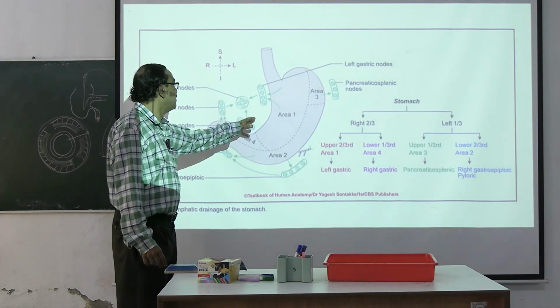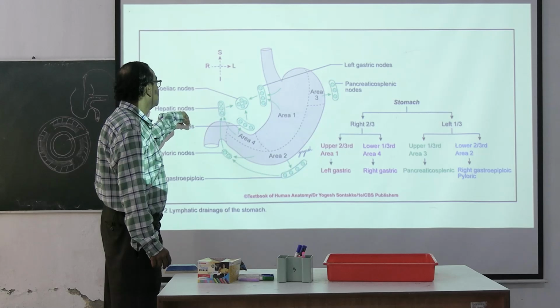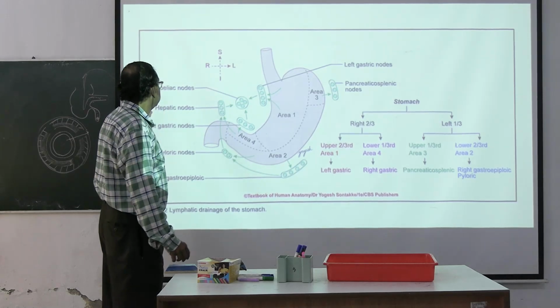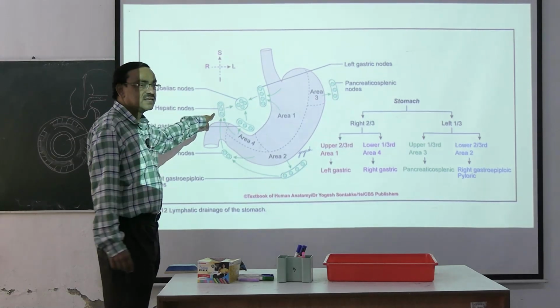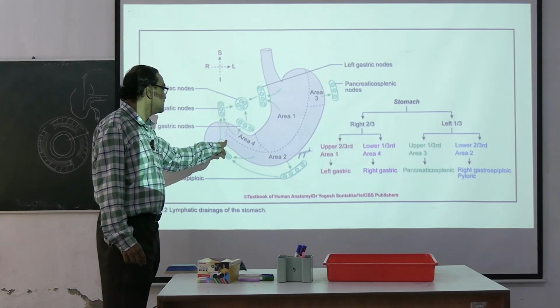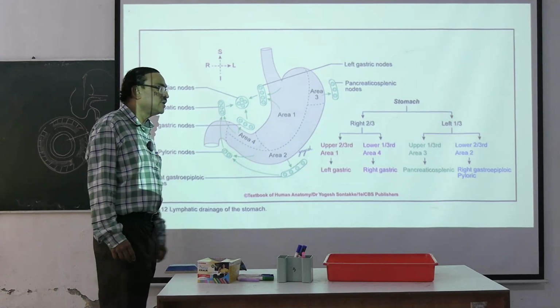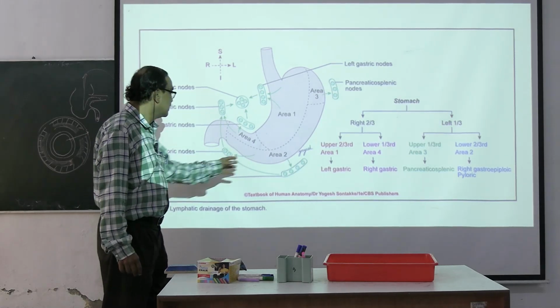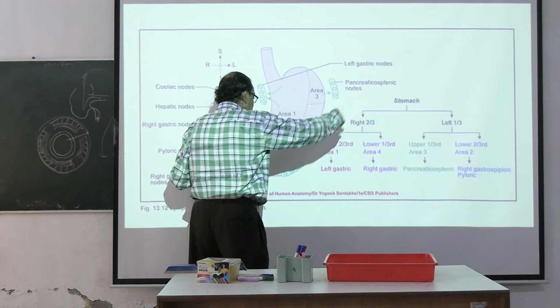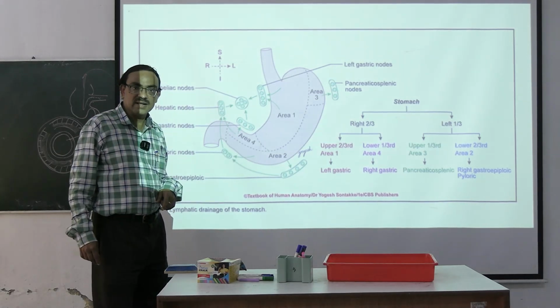From the right area we are getting several nodes. Here we are getting the liver, so these are the hepatic group of lymph nodes. This is the pylorus, below the pylorus we are getting the pyloric group of lymph nodes, and we know the right gastroepiploic and left gastroepiploic arteries are anastomosing.